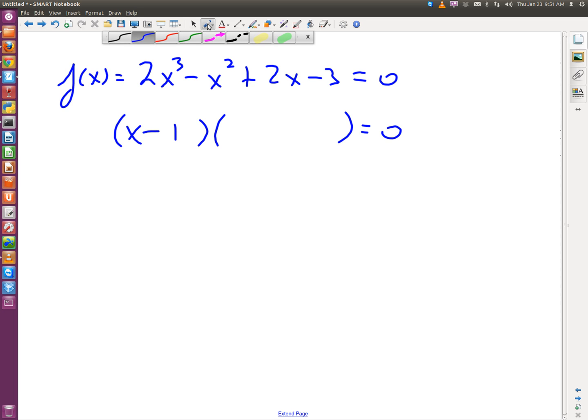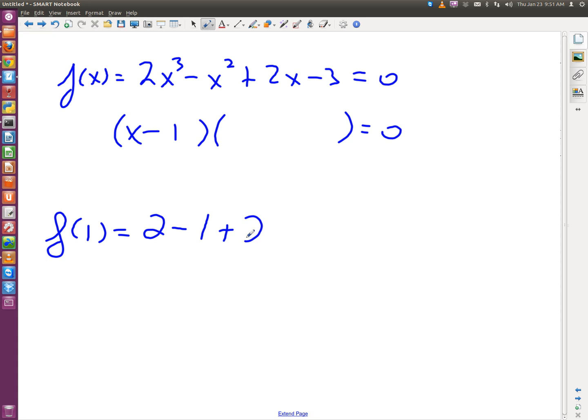Let's plug in 1 right now. What do you get? 2 minus 1 plus 2 minus 3. What's the remainder? 0. More importantly, is 1 a root? It is. How do I get the other 2 roots now?